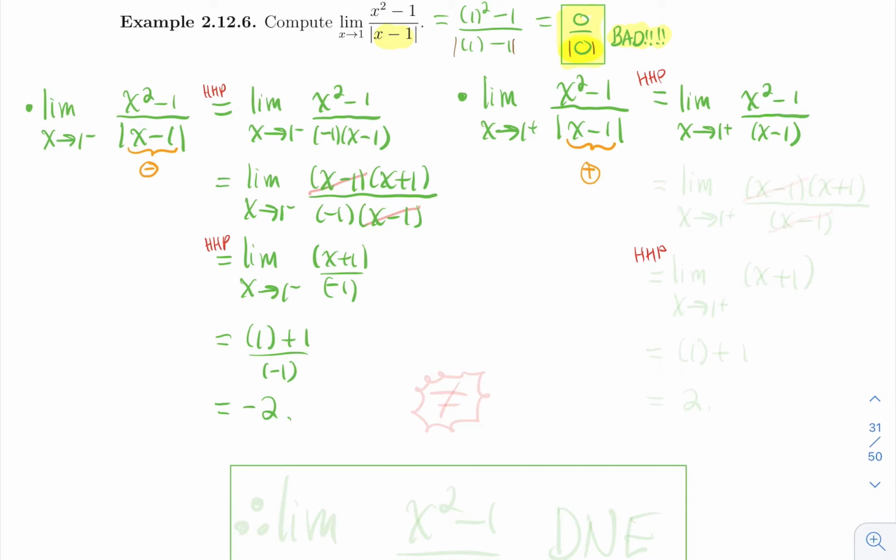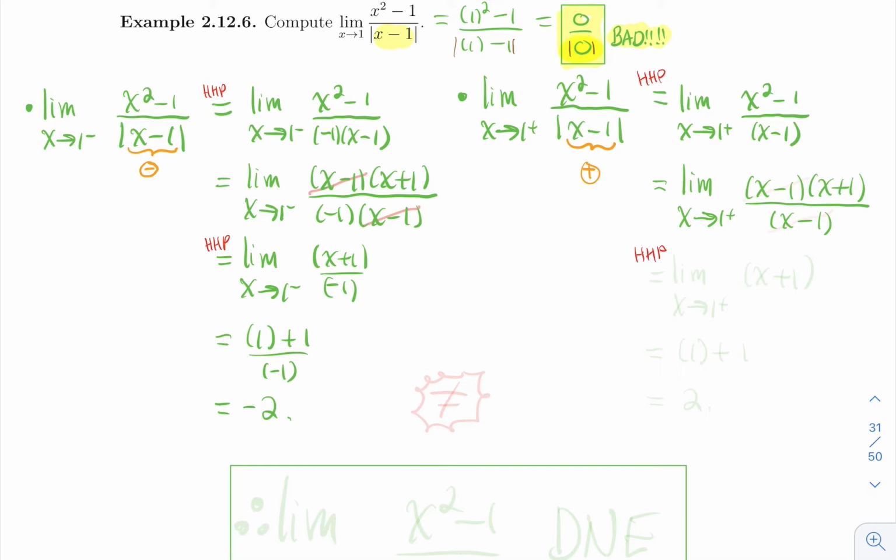So if you factor the exact same way, you're going to get the limit as x approaches 1 plus of (x minus 1) times (x plus 1). So it's the same factorization. Normally left and right, everything is the same. It's just the sign of the absolute value that changes.